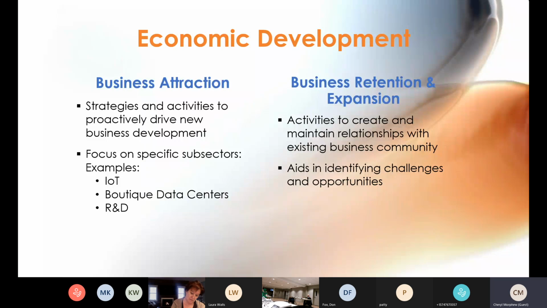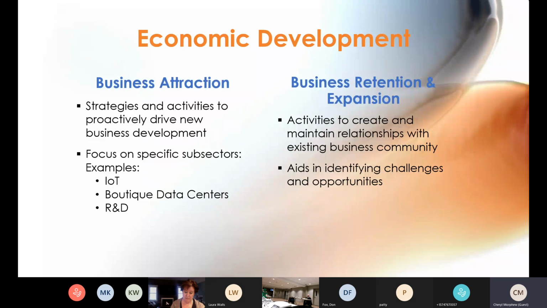On the other side is your business retention and expansion. Again, having policies and programs in place so that you're developing and maintaining relationships with your existing business community. And I learned from Jonathan that you already have somewhat of a business retention and expansion program where you're at least visiting some of your key employers on an annual basis.